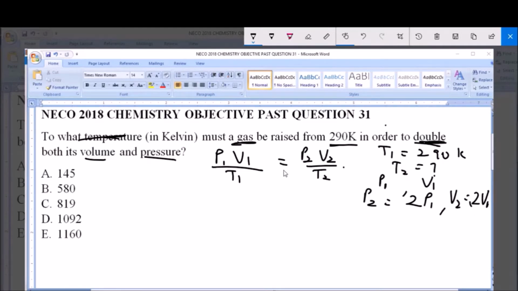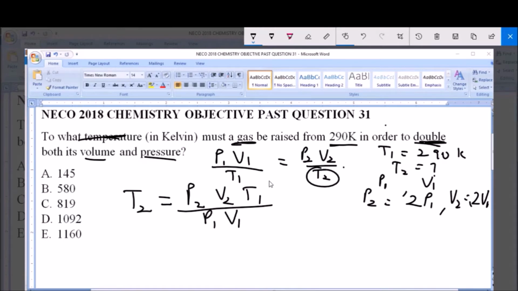So now, from this general gas equation, we are looking for our T2, and if you make T2 subject of formula, T2 is equal to P2 times V2 times T1, all over P1 times V1.